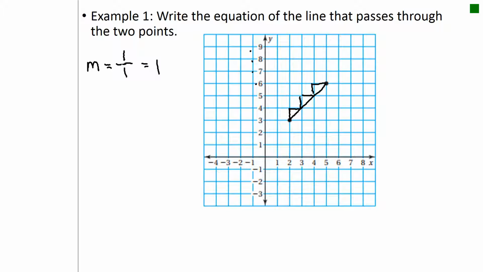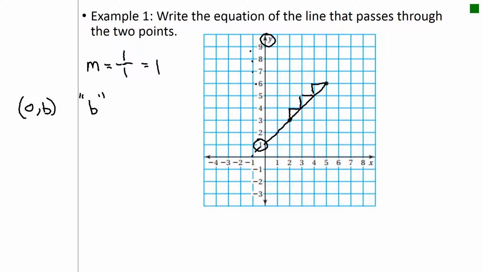The second thing we're going to find is our intercept, which is the point (0, b). That is going to be where the line crosses the y-axis. So now I'm going to extend that line using the same slope, and it sure looks like it hits right here at 1.